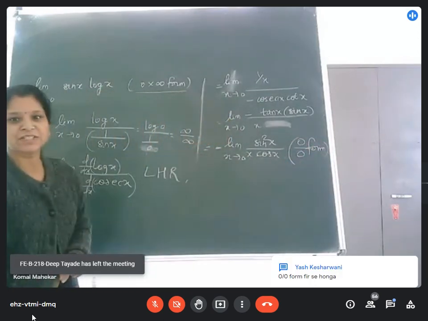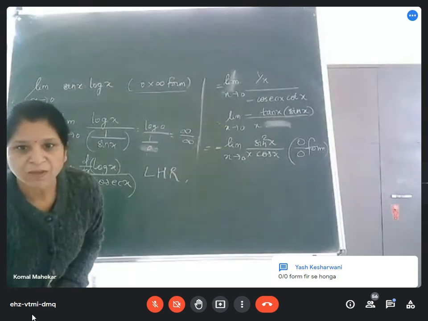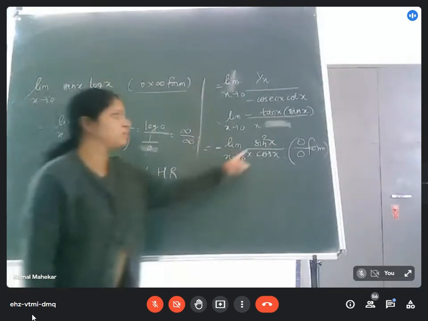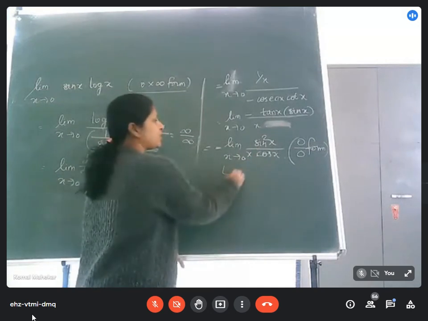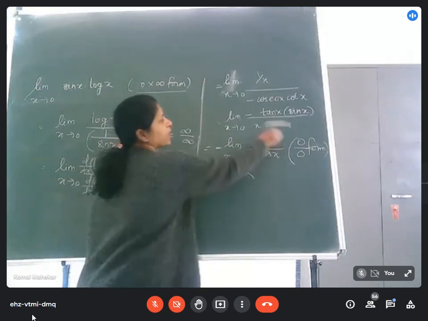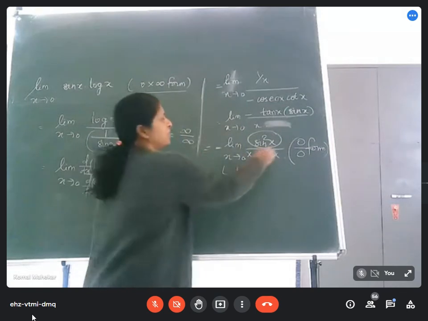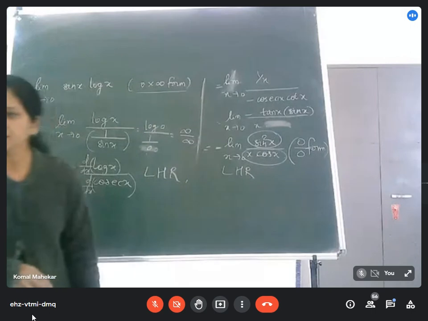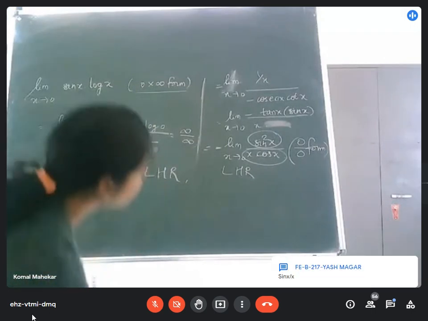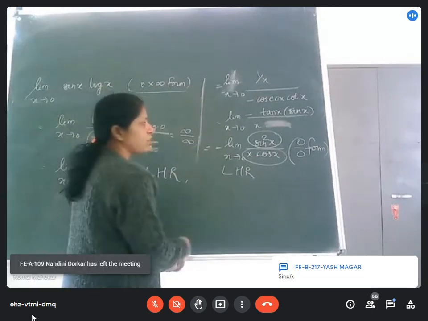So if it is in 0 by 0 form, you can solve this by using L'Hospital rule. फिर से आपको क्या करना है? इसका डेरिवेटिव लेना है, इसका डेरिवेटिव लेना है, और लिमिट पुट करना है, ठीक है? So find out the limit of numerator function and denominator function.